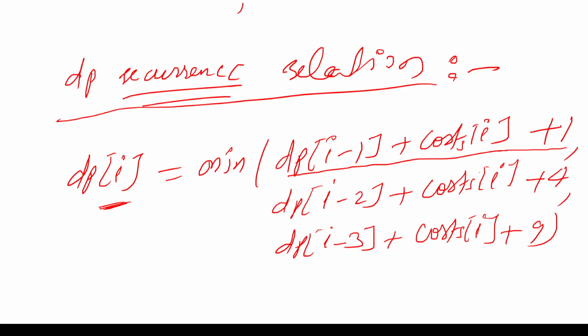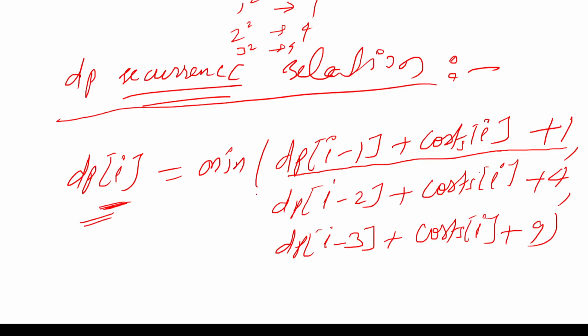When you do 1 square you get 1, for 2 square you get 4, and for 3 square you get 9. So this is for the first step, second step, and third step. You have to give the recurrence relation and compute DP at I. I hope you are understanding; I'm trying to make it clear.